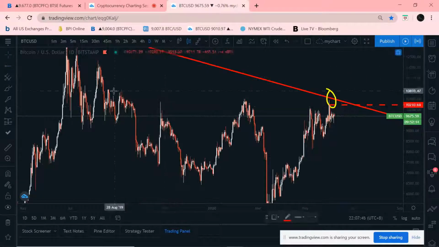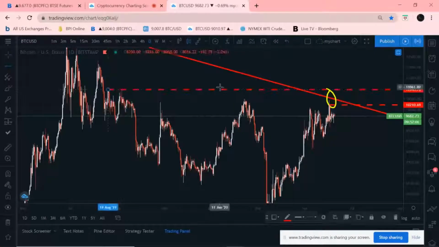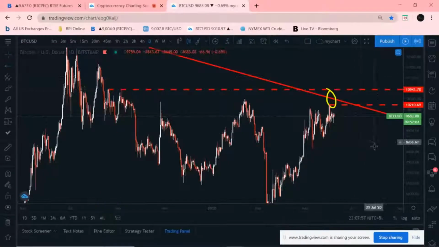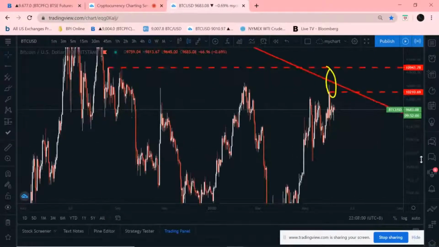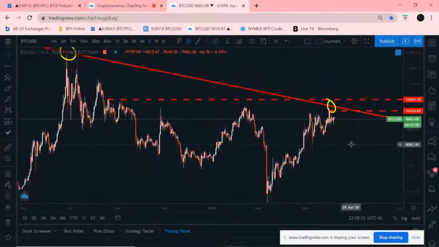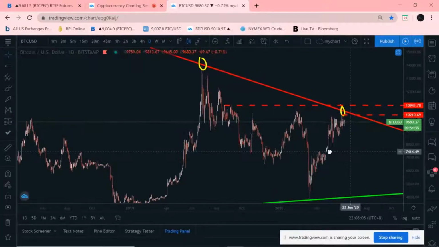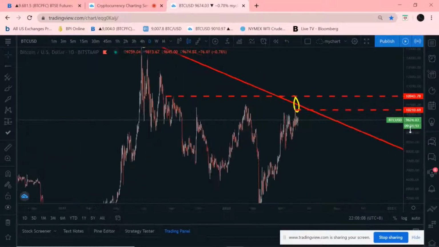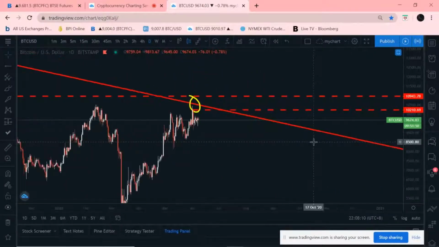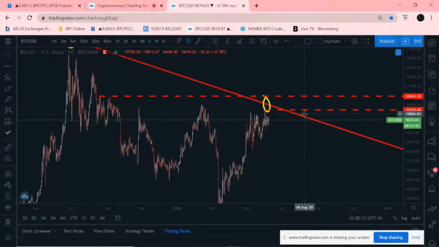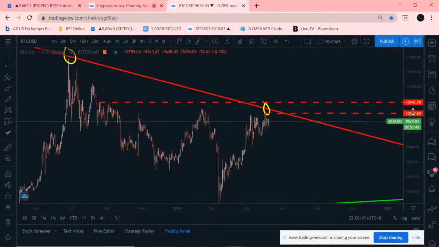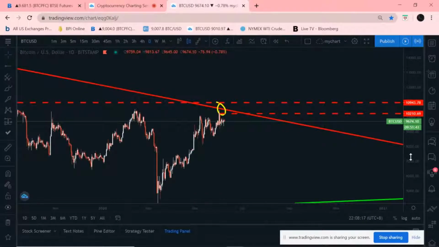Because the next resistance we're looking at upon breakout at 10,400 is around 11,000. We'll check the CMC chart later because there's actually a gap at around or close to 12,000. So this is actually the key resistance we are looking at.